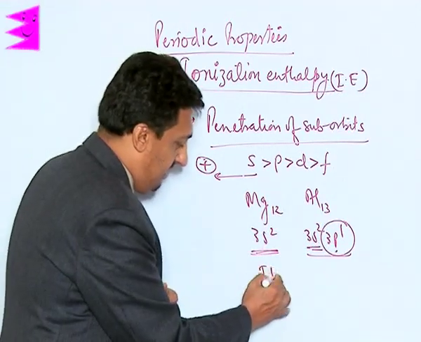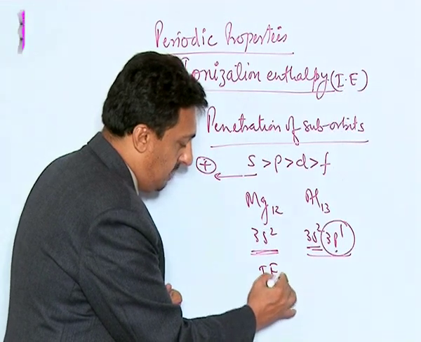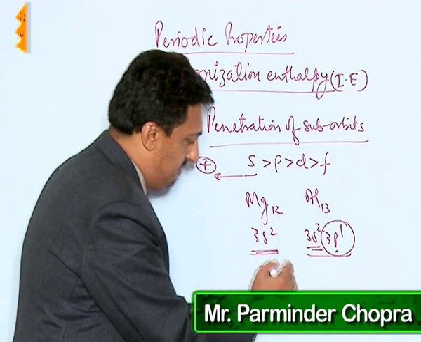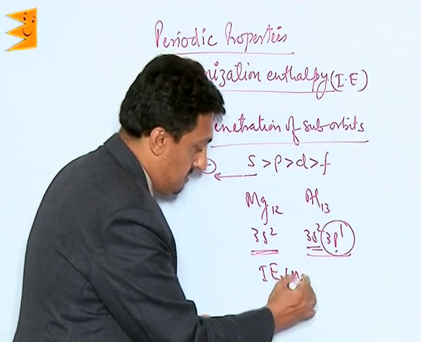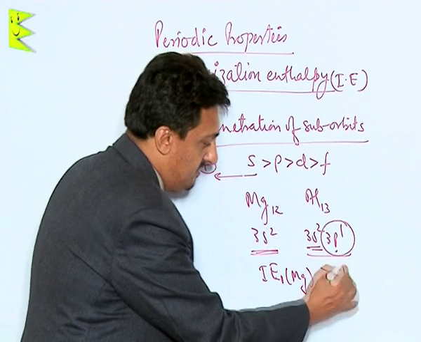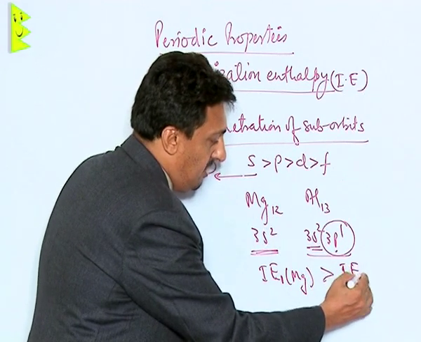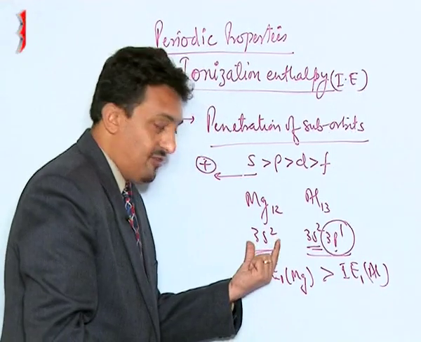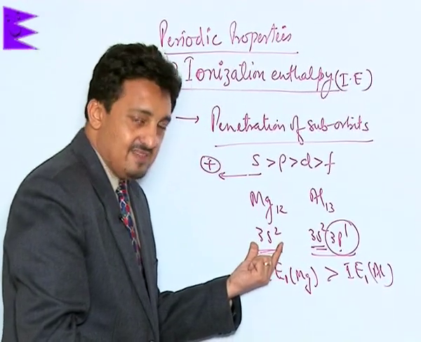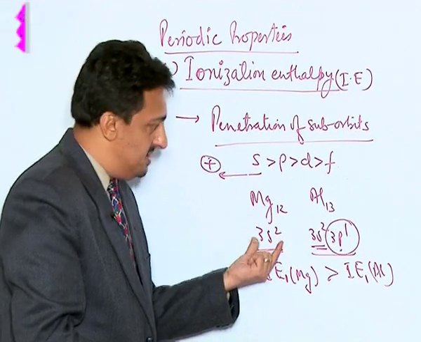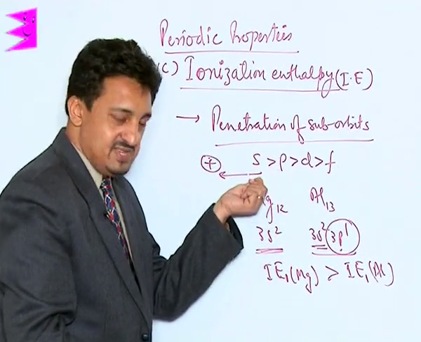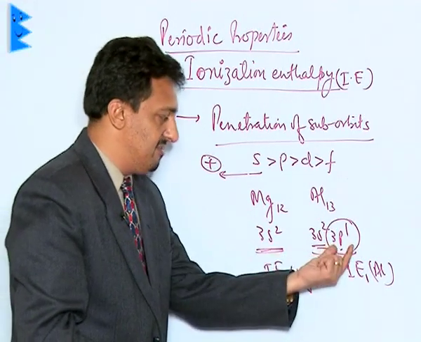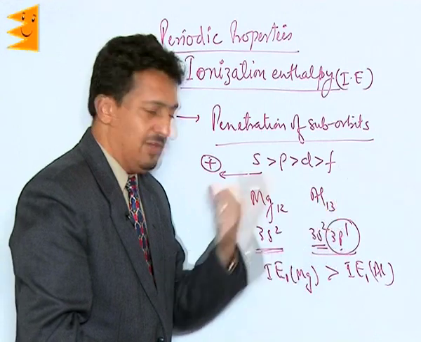The energy required to remove the first electron, the first ionization enthalpy, for magnesium is found to be more than the first ionization enthalpy of aluminium. The reason is the electrons here are in the s suborbit, which has a higher penetration effect. That's why more energy is required to remove this electron than the electron present in the p suborbit in case of aluminium.